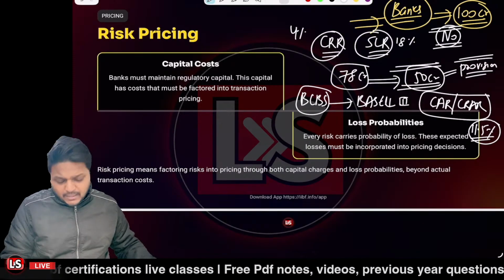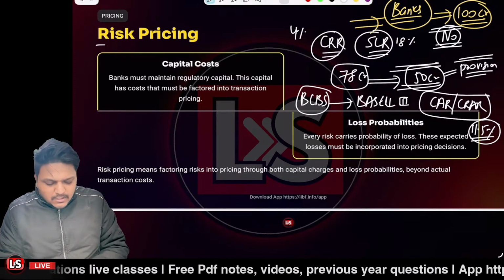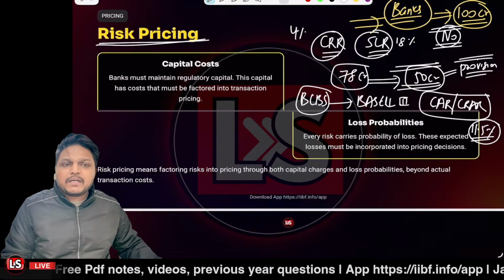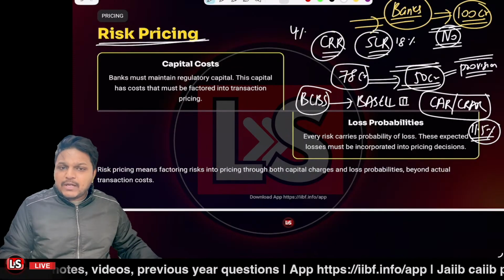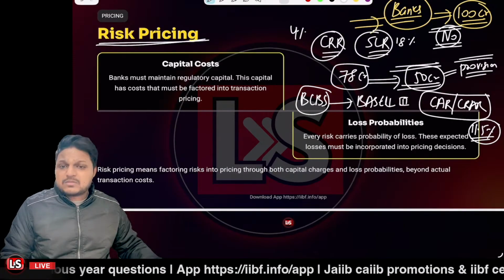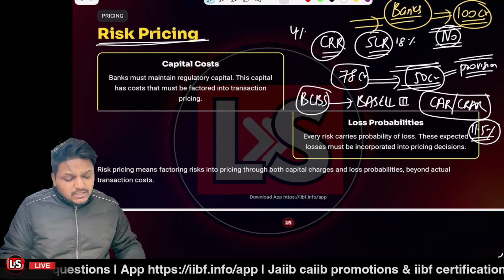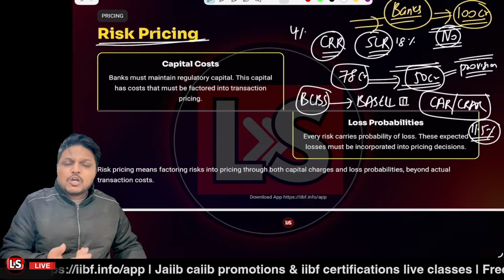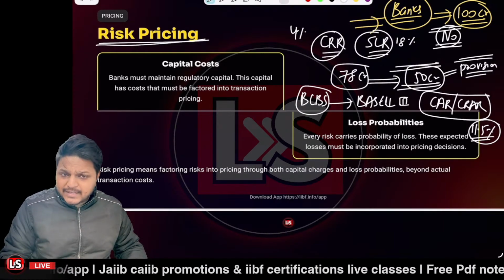What I'm trying to say is, whenever we are to price the risk, we have to make sure that we also maintain the capital, as per the regulatory requirement. And the capital required is not without cost. You have to pay the cost for the same, because even if you're having 100 crore rupees, you're paying, let's say, 6% on average.